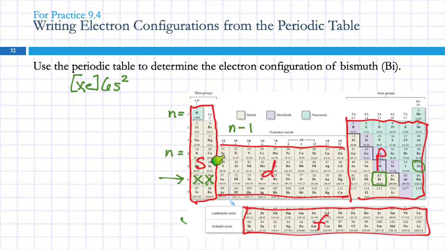So if we look at this row for the D block, that's in n equals 4. But doesn't this look like it kind of sank down? This is lower than it should be, it seems like. It's actually exactly where it's supposed to be. So I'm going to take the period number and subtract 1. So this is 3D, and this is 4D, and this is 5D. Okay?